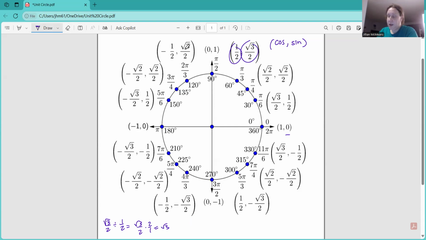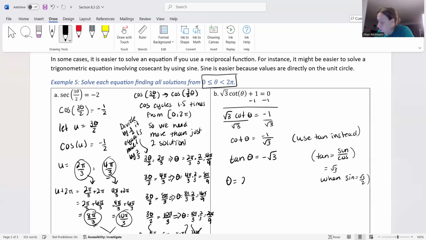So we know that we're going to get negative root 3 at 2 pi over 3, and then we're going to get negative root 3 at 5 pi over 3. Okay? So we get 2 pi over 3 and 5 pi over 3. Let's go back to the worksheet. So theta equals 2 pi over 3 and 5 pi over 3, okay?